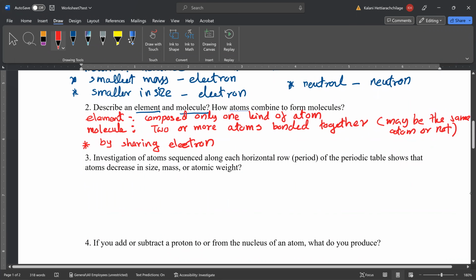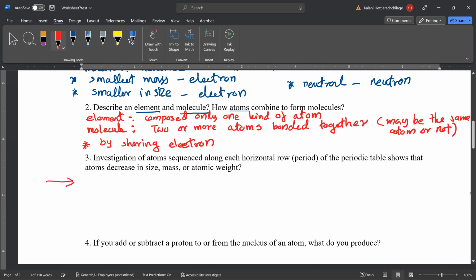Investigation of atoms sequence alone. Each horizontal row of the periodic table shows that atoms decrease in size, mass, or atomic weight. So which one is correct? Go back to my lectures, where I talked about the periodic table. The size of the atom decreases, not always, but it decreases when you go to the right, but going down, atomic size is increasing.